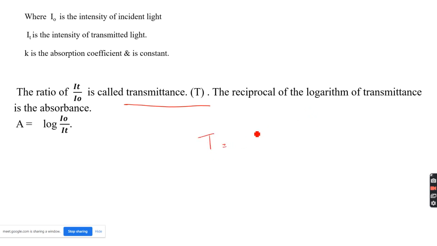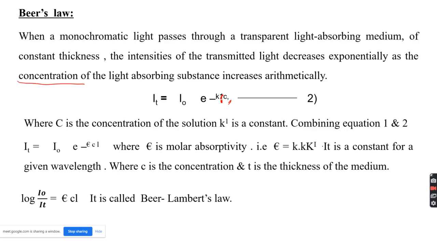That is, absorbance A is log of 1 by T, or we can write it as log of I naught by It. So the absorbance of a solution is directly proportional to the logarithm of the ratio of the intensity of the incident light to that of the transmitted light.